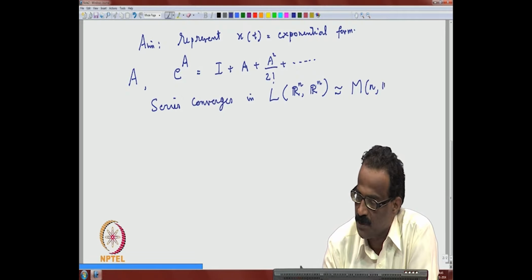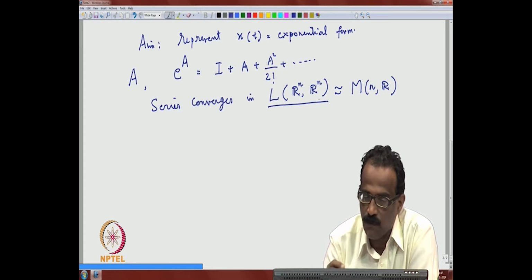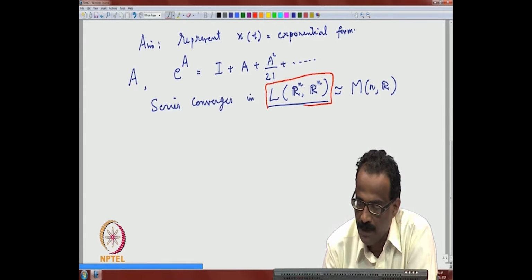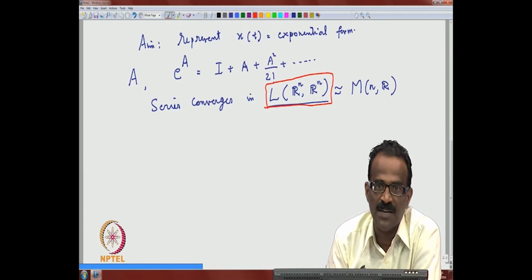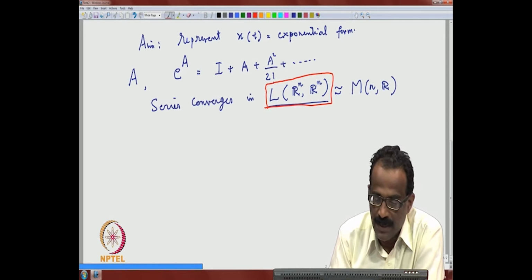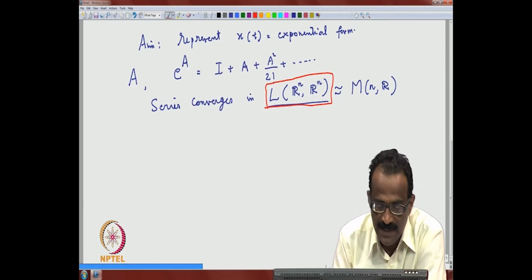That is what we are trying to say. On this set of all linear operators from Rn to Rn, we have a vector space which has a topology. Under that you can talk about the convergence of this infinite series, and this e power a.